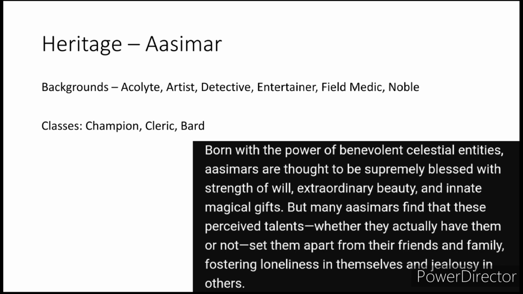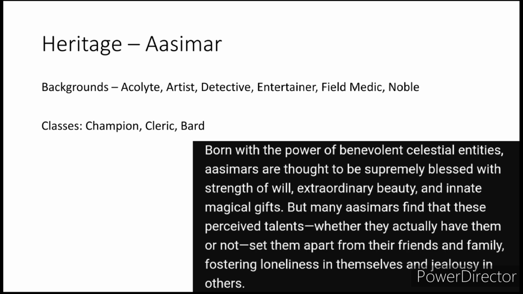Born with the power of benevolent celestial entities, Aasimar are thought to be supremely blessed with strength of will, extraordinary beauty, and innate magical gifts. But, here's the big but, and this can actually play into your Aasimar character as part of their flaw.